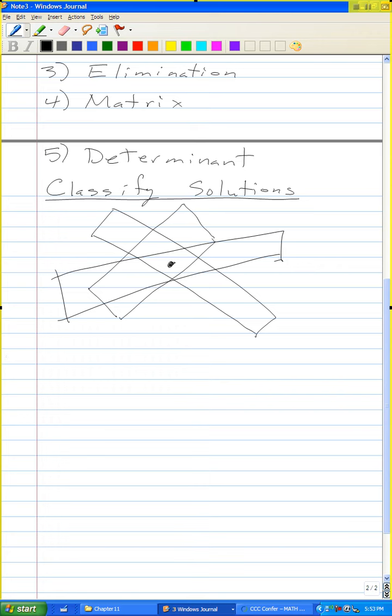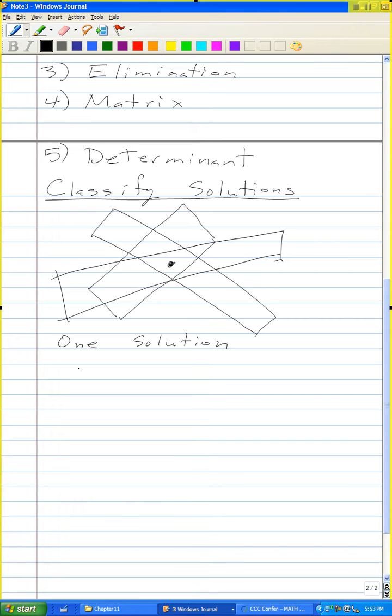So let's say if you looked at your ceiling and two walls, notice that there's a corner where all three of those intersect. So that would be a solution of your system of equations. And so this has one solution to this system of three simultaneous linear equations.